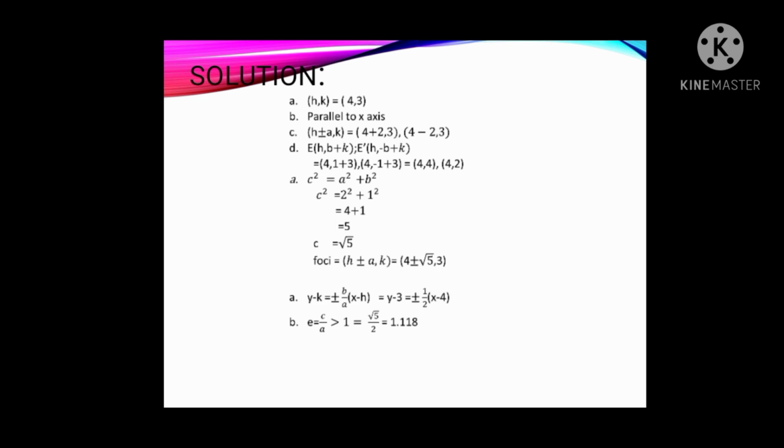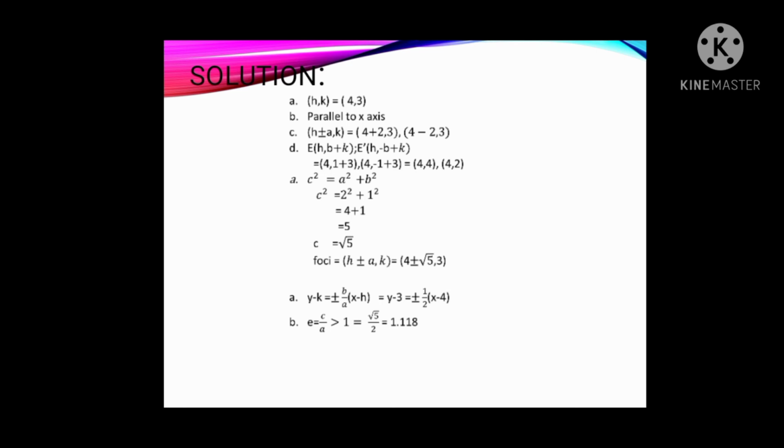So c squared is equal to 2 squared plus 1 squared, which is 4 plus 1, equal to 5. So c is equal to the square root of 5. Our foci are h positive negative c, comma k, which is 4 positive negative square root of 5, comma 3.